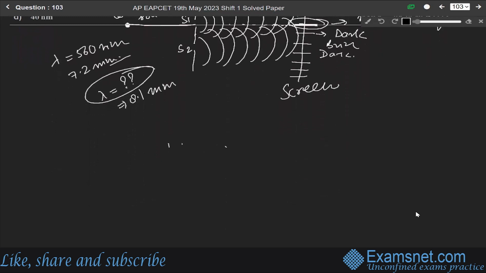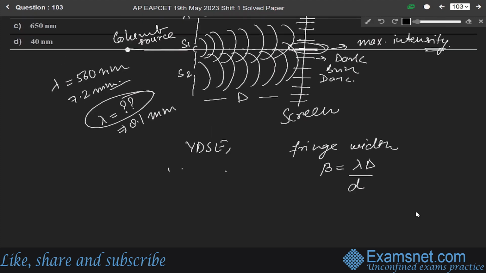In Young's double slit experiment, the formula for fringe width is beta equals lambda D over d, where capital D is the distance between the slit and the screen, and small d is the distance between the slits.